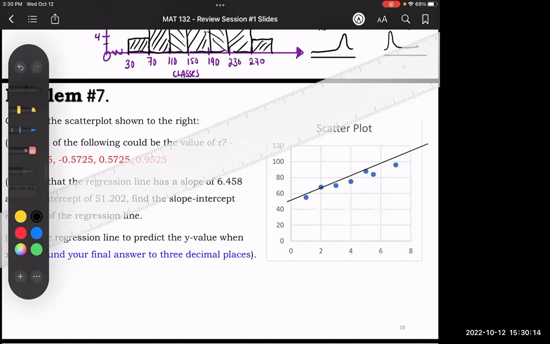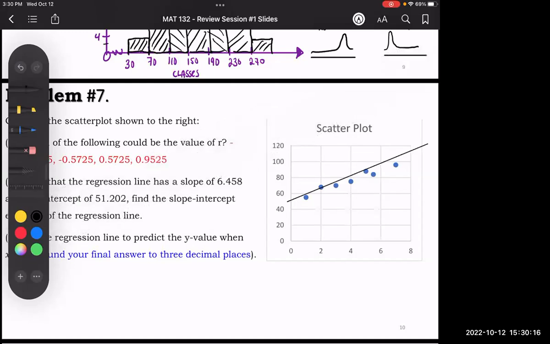Yes, they are, right? So the way that we answer this question is that it's a strong linear correlation because all those ordered pairs fall very close to that line. So what we see here is a strong positive linear correlation.